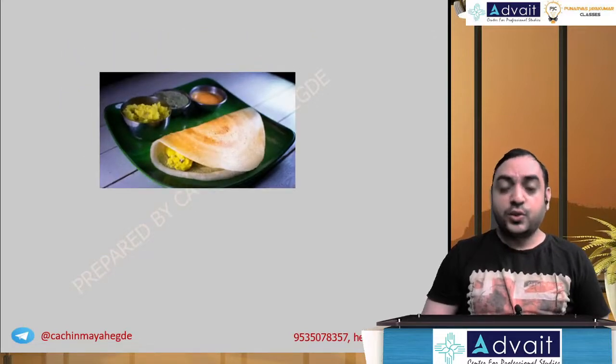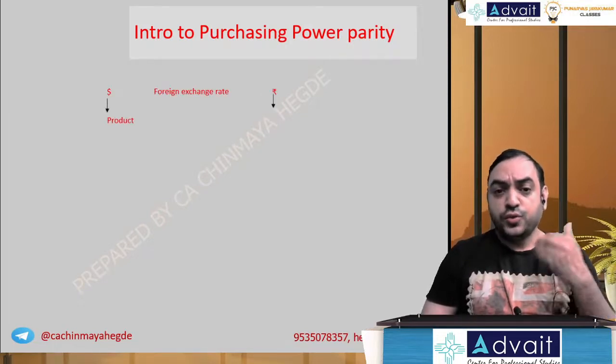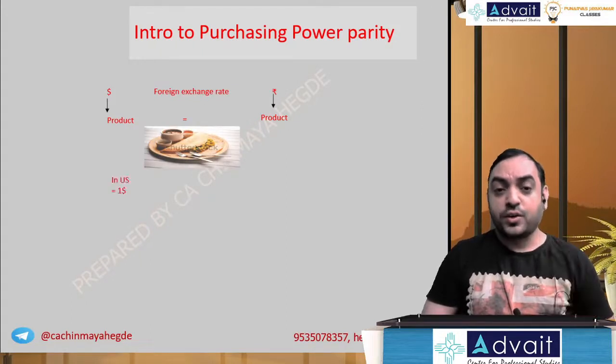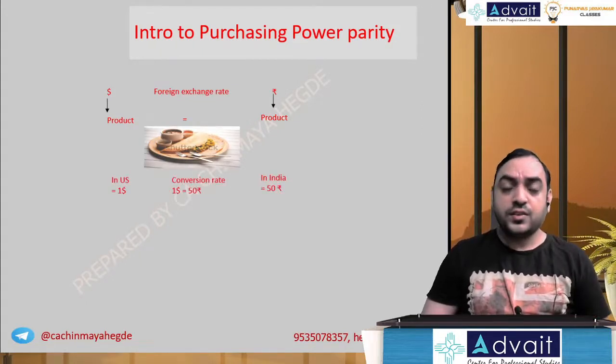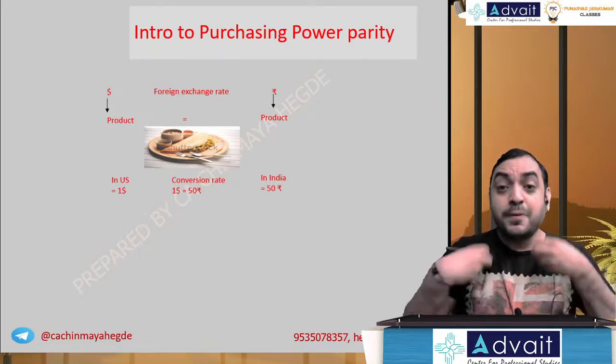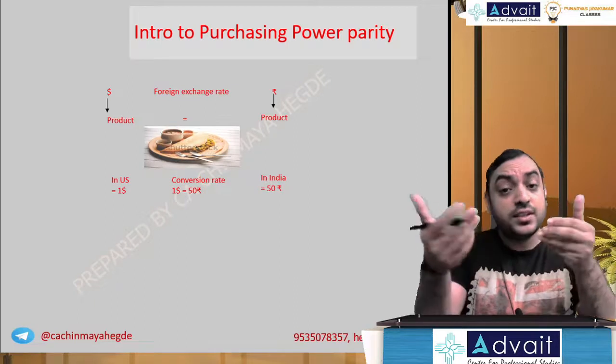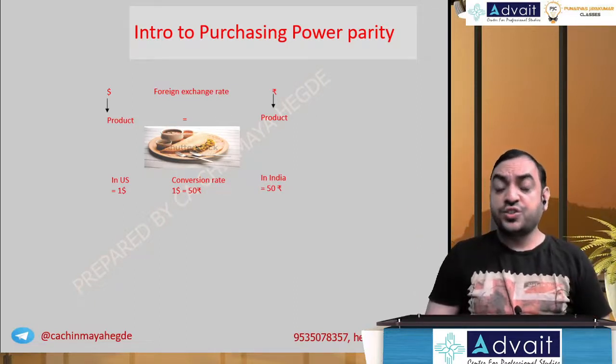Suppose you think of masala dosa as a breakfast item. In India, you can purchase that masala dosa for 50 rupees. In the US, you can purchase the masala dosa for $1. Therefore, the implied exchange rate should be $1 equals 50 rupees, because the product you can purchase is the same across two countries.